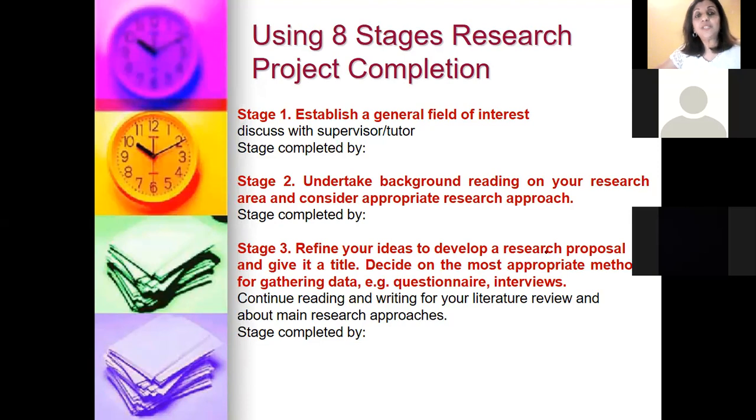So you will be getting a supervisor. Discuss with the supervisor. And stage completed by, start putting dates down. If today is the 12th, maybe you want to meet your supervisor and in 10 days' time, you want to already confirm what is your area.